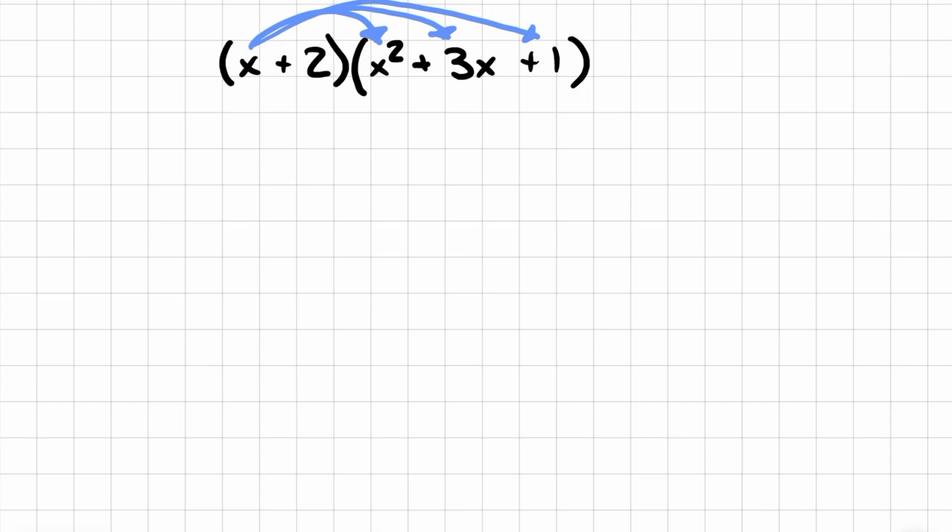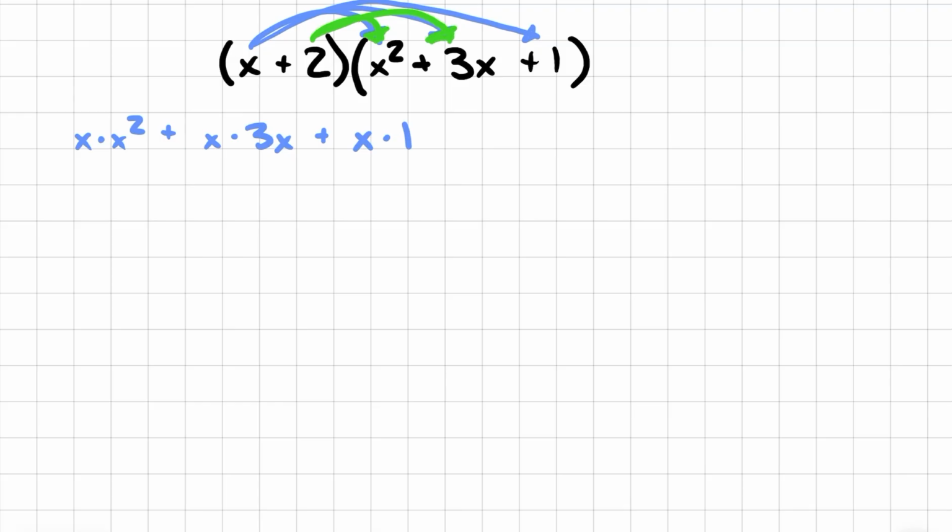Okay, so I'm going to write this out off to the side. I do x times x squared plus x times 3x plus x times 1. Okay, that is my first part. Then I'm going to take the 2 and I'm going to multiply each part by the 2.